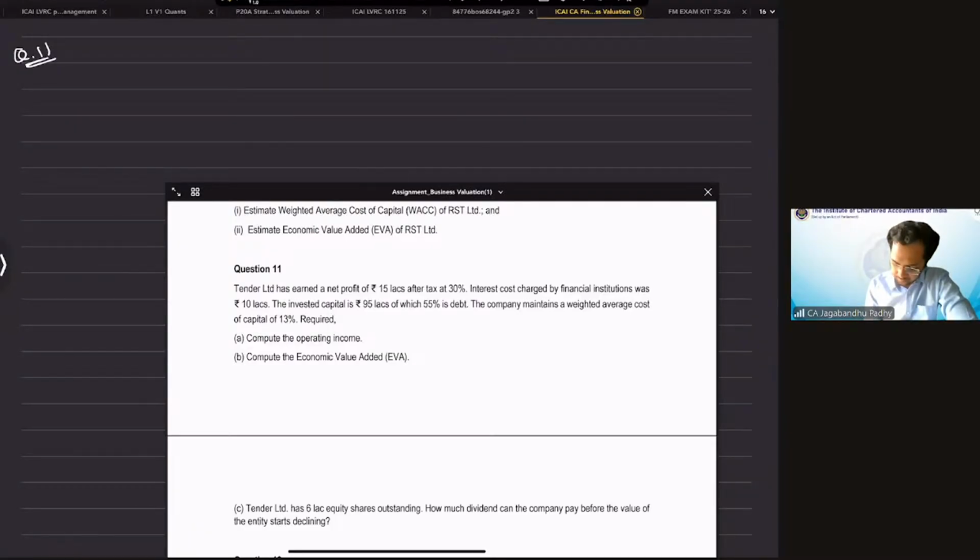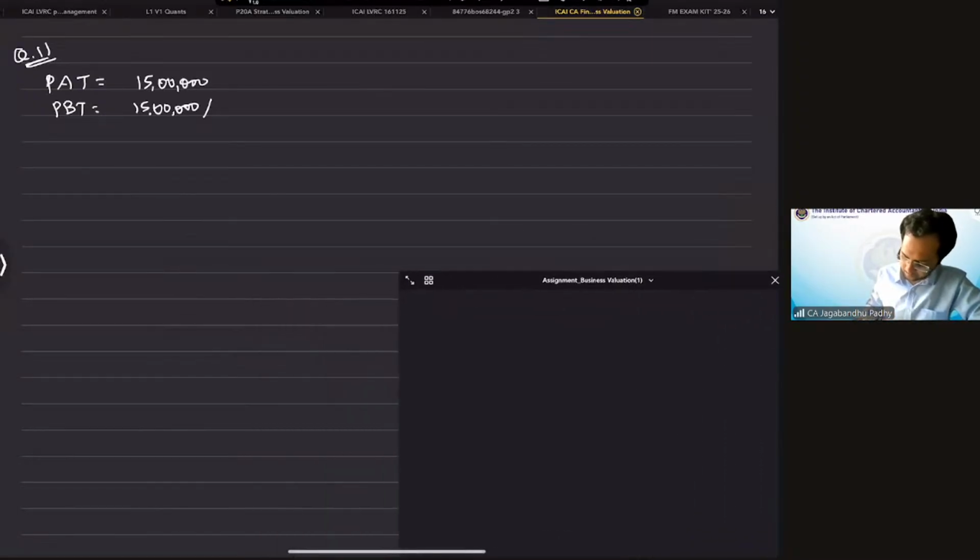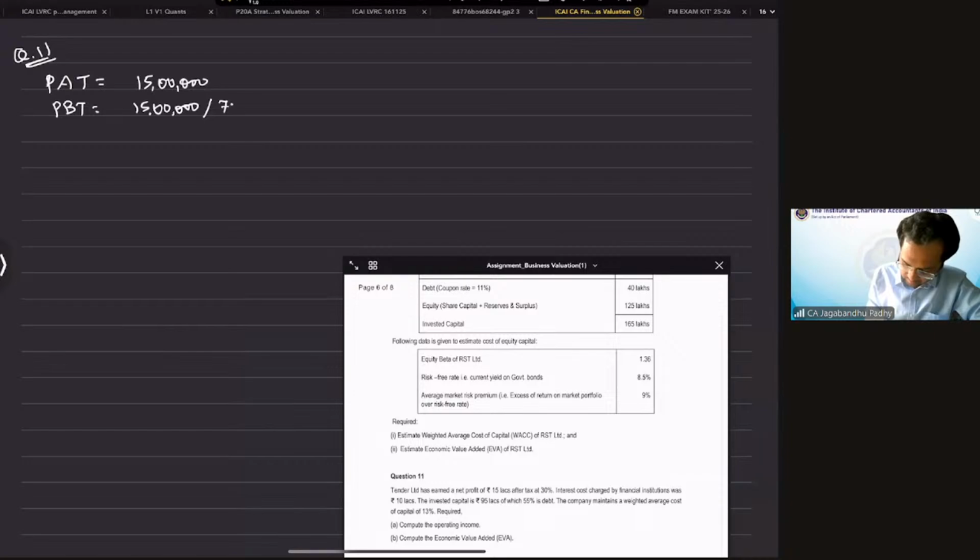Operating income comes to 31,42,857. So we have a net profit, which is a PAT of 15 lakhs. What will be the PBT? It will be 15 lakhs divided by 70%. That gives us a PBT of 21,42,857.